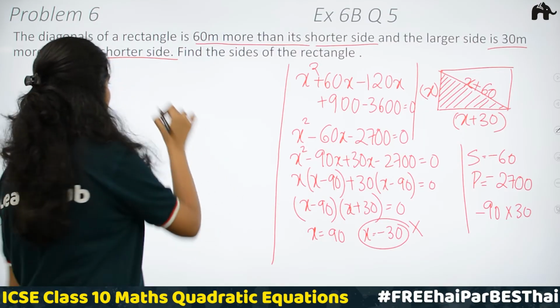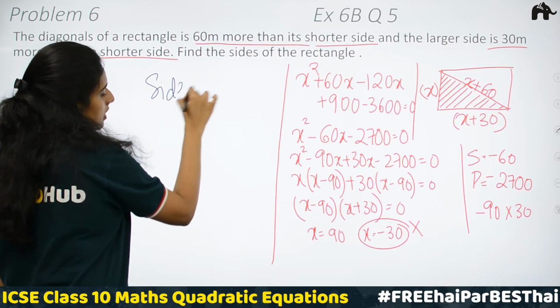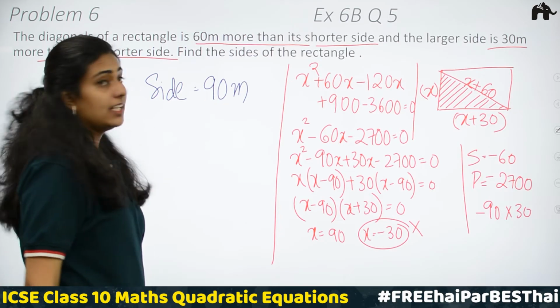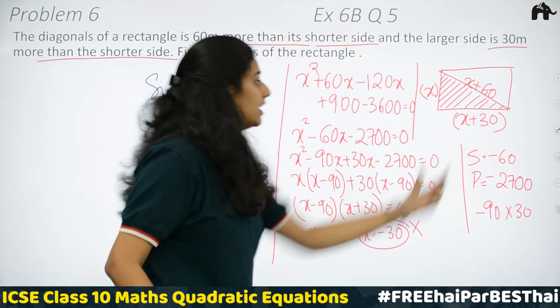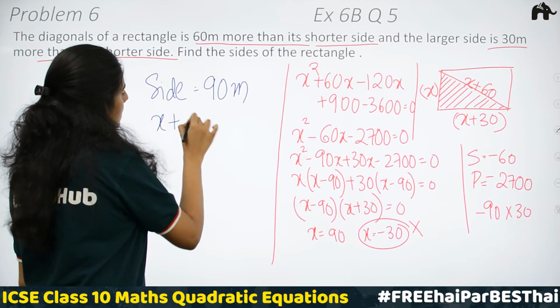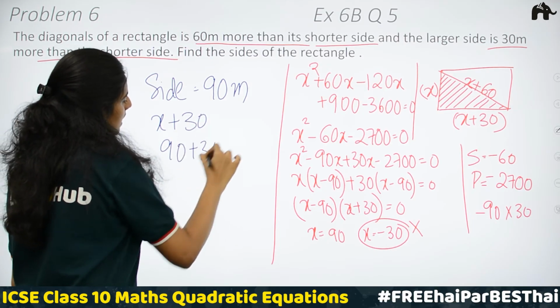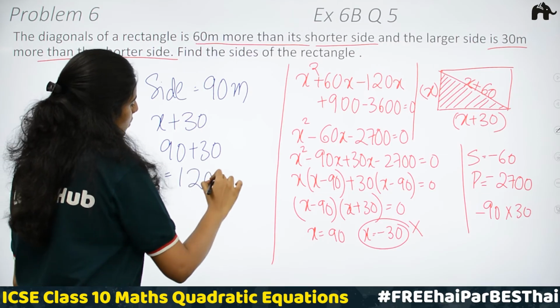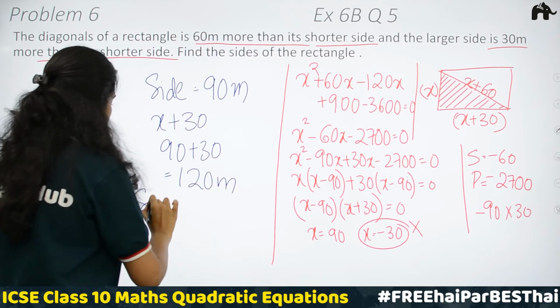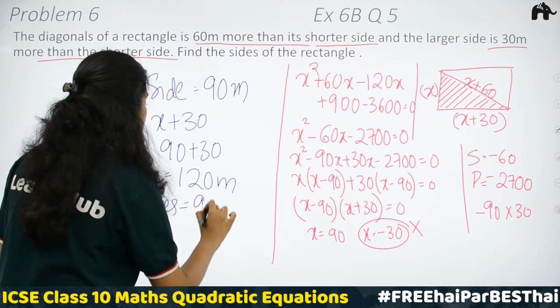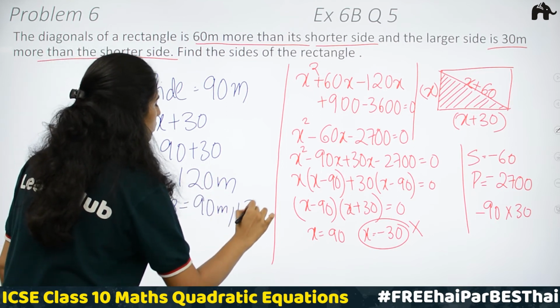We got one side is equal to 90 meters and the other side, the larger side is x plus 30. x plus 30 means 90 plus 30, which is equal to 120 meter. Therefore, the sides of the rectangle are 90 meter and 120 meter.